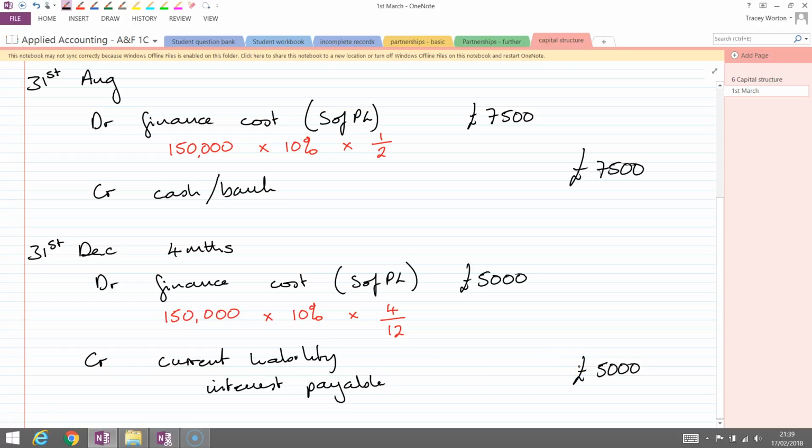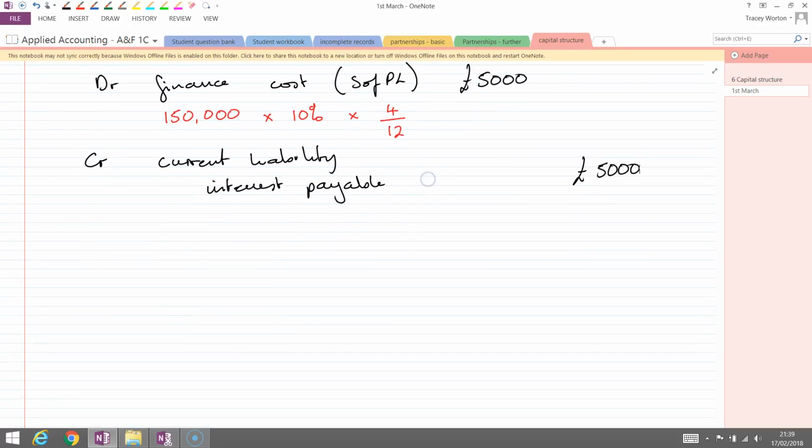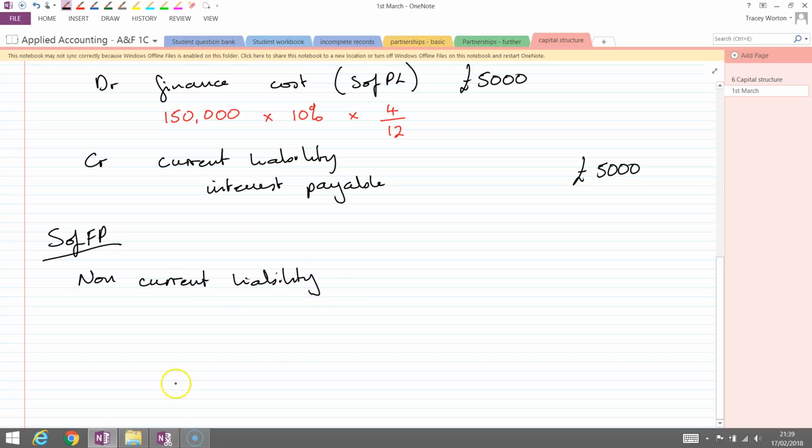So now, in terms of the statement of financial position, in terms of our entries, we're going to have some non-current liabilities. So this is the loan note outstanding, so we're going to have our 10% loan note of £150,000.